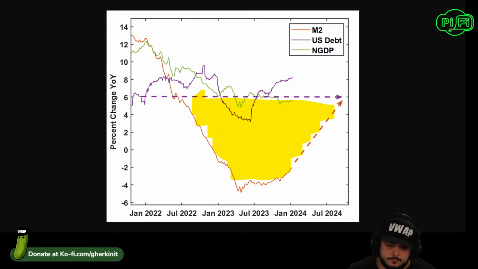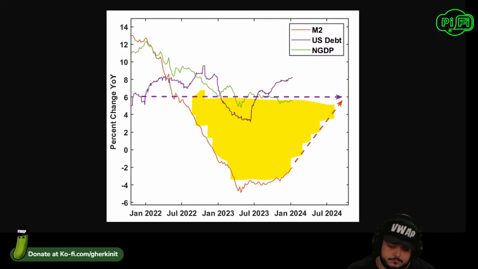That's the percent change year over year of the growth of U.S. debt. U.S. debt is growing around 6-ish% a year, and before the fiscal impulse during COVID, it was like 4%. This is the deficit specifically.